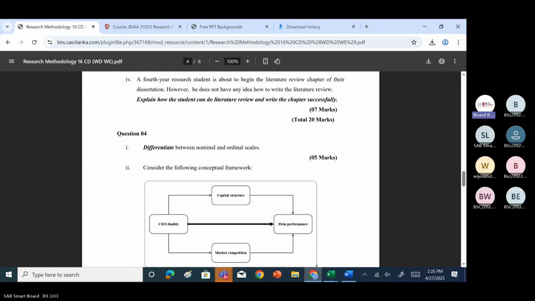Question number 4, that is from conceptualization and operationalization. In that also, you may be given a practical context, right?